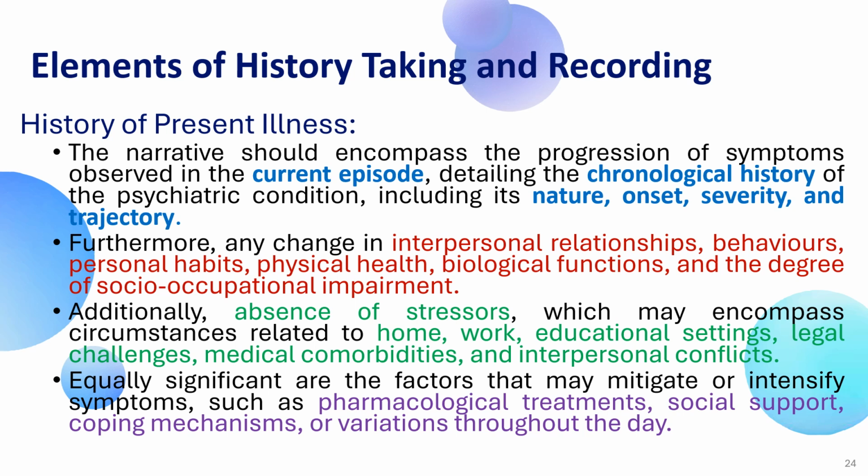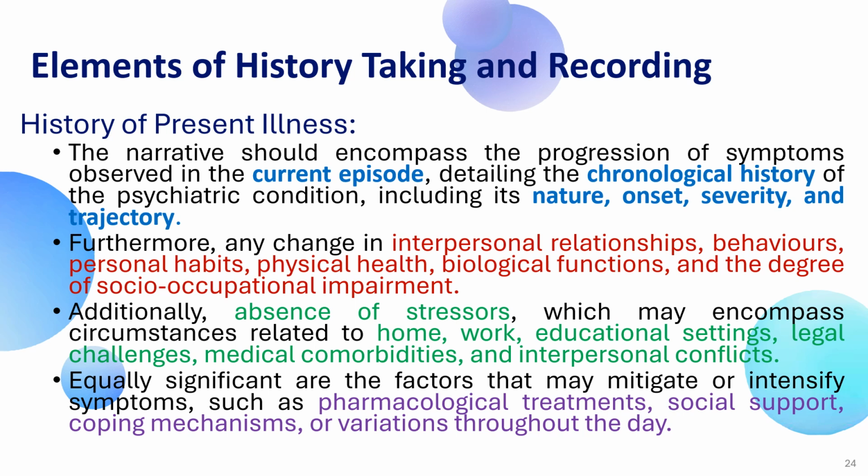So while taking the history of present illness, one should keep a few points in mind, which we will discuss in the next two slides. The narrative should encompass the progression of symptoms observed in the current episode only. One should not consider past illness or an incident which happened long before the illness as part of the current episode.